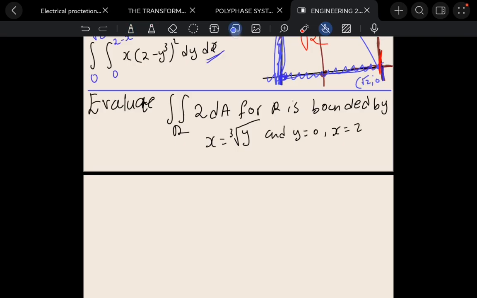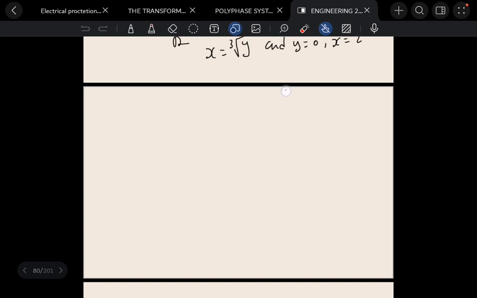Everyone can draw that. So I have something like that.